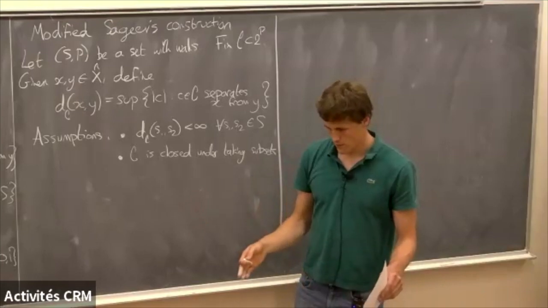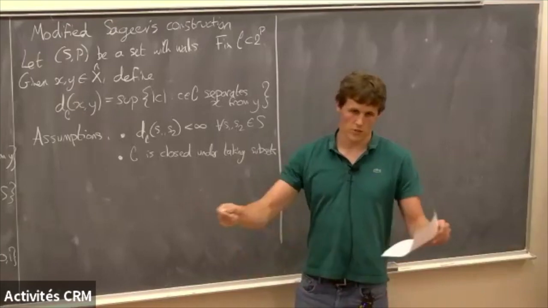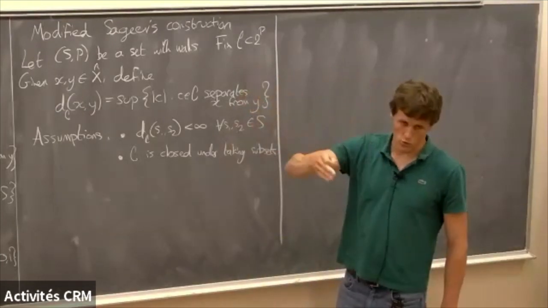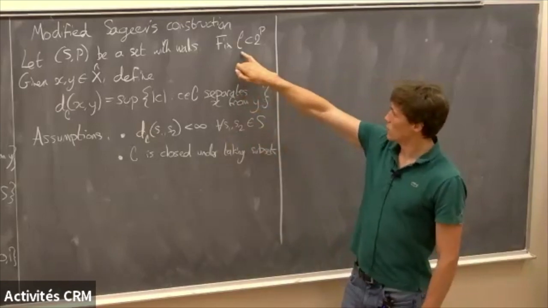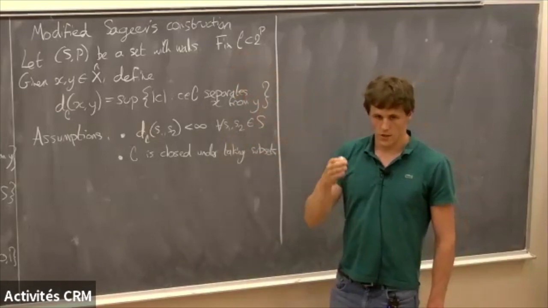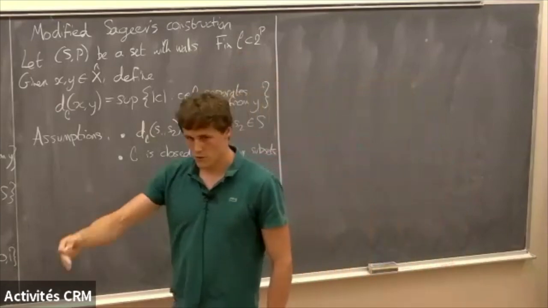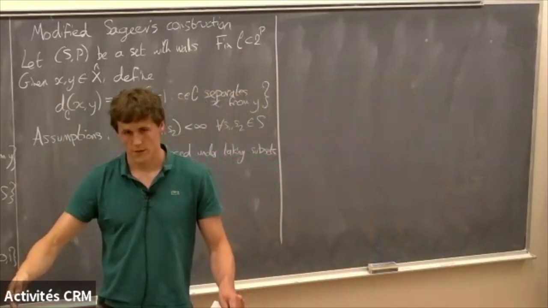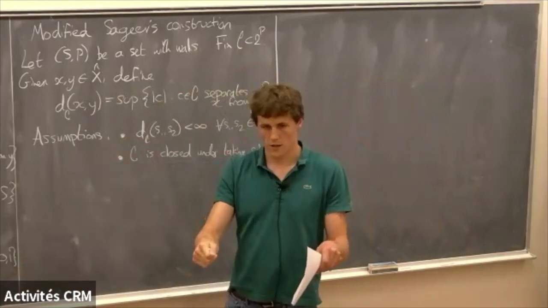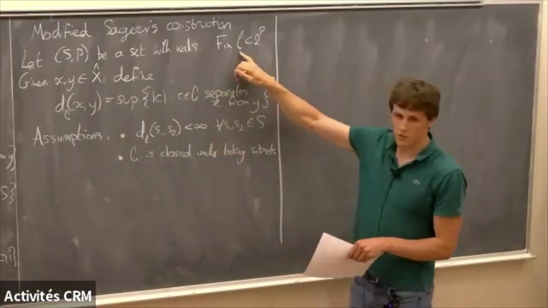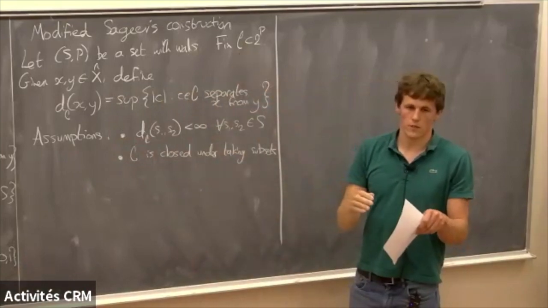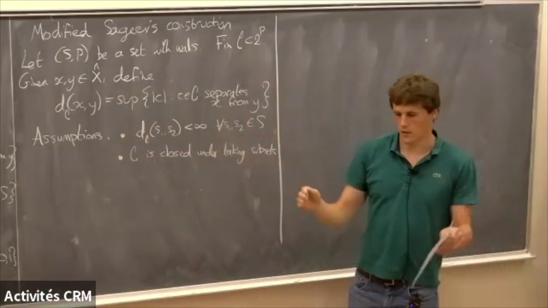what's a good example? Let's say I'm looking at Z, and I'm looking at the usual walls, half integers, and the only element that I've chosen is just the set of walls 1/2, 1.5, 2.5, 3.5, 4.5. That's it. Now the points 0 and 2 are not separated by an element of this because they're not on opposite sides of the wall.